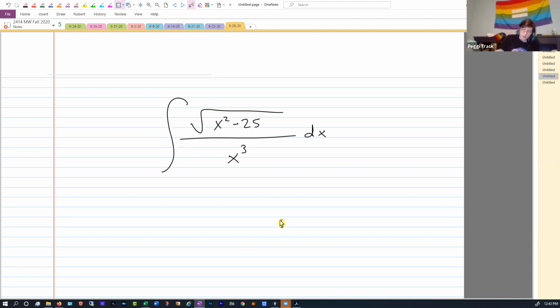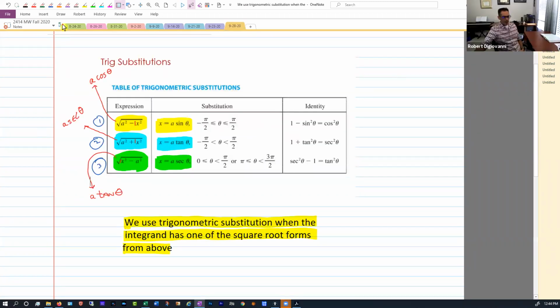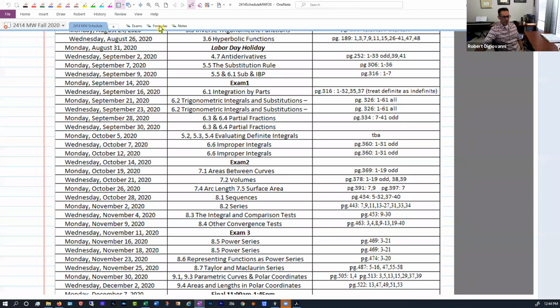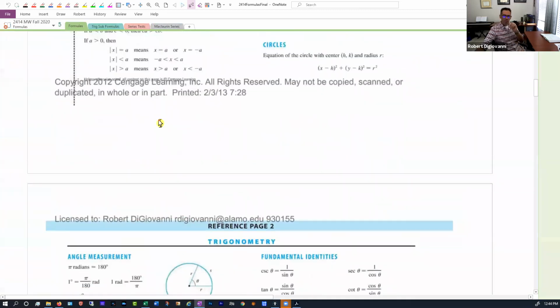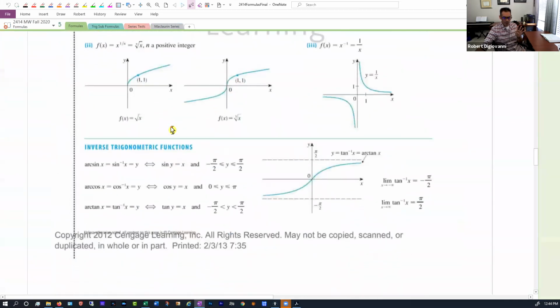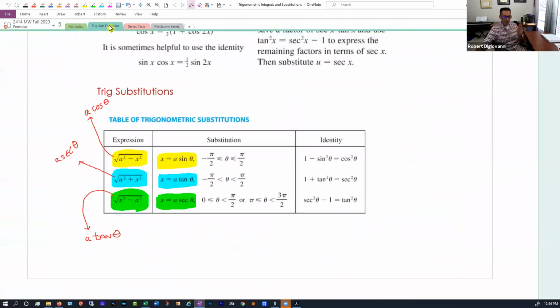Yes, sort of. Also, is the formula sheet that you were sharing on the formula sheets that we're allowed to print? If you go to our formula sheets in Canvas, there are, I think, 4 different things in our formulas folder that you can have. The first one is just the standard pages from the back of the book. The next one is the trig sub formulas.